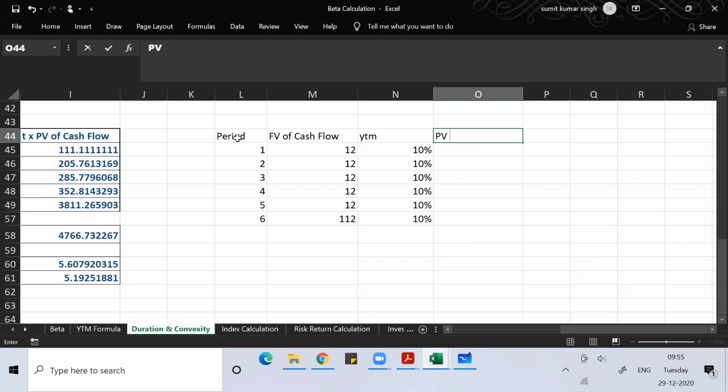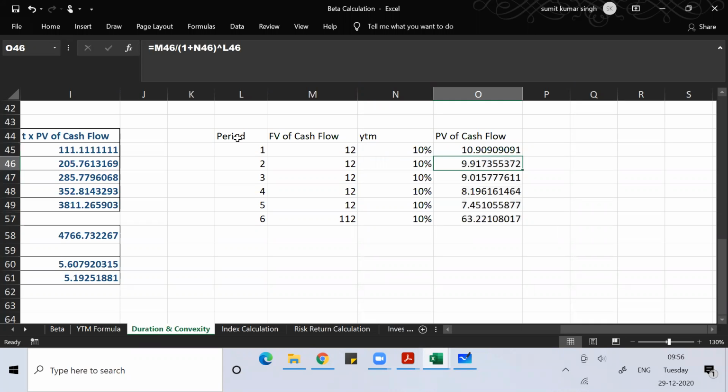So find the present value of cash flow. That is, discount this cash flow with 10%. The sum total of this is the price of bond.